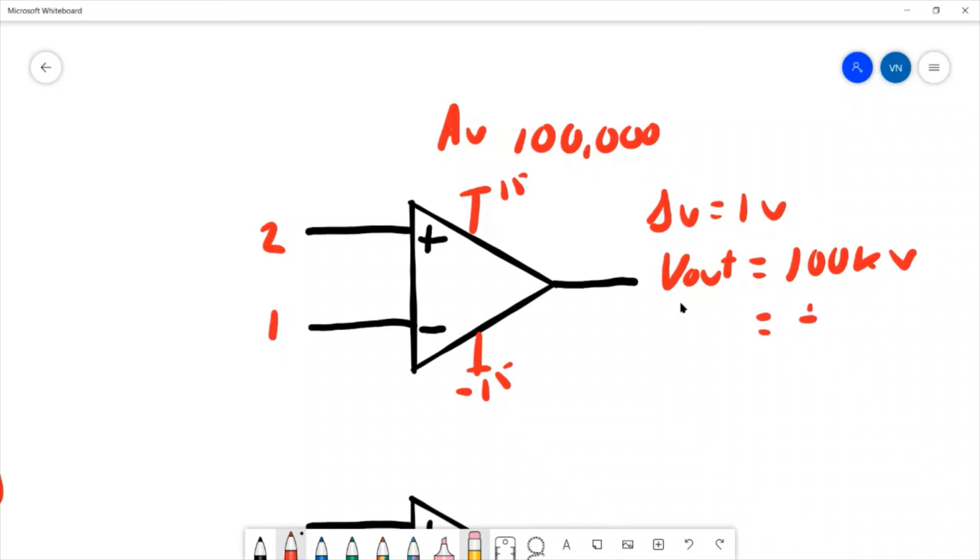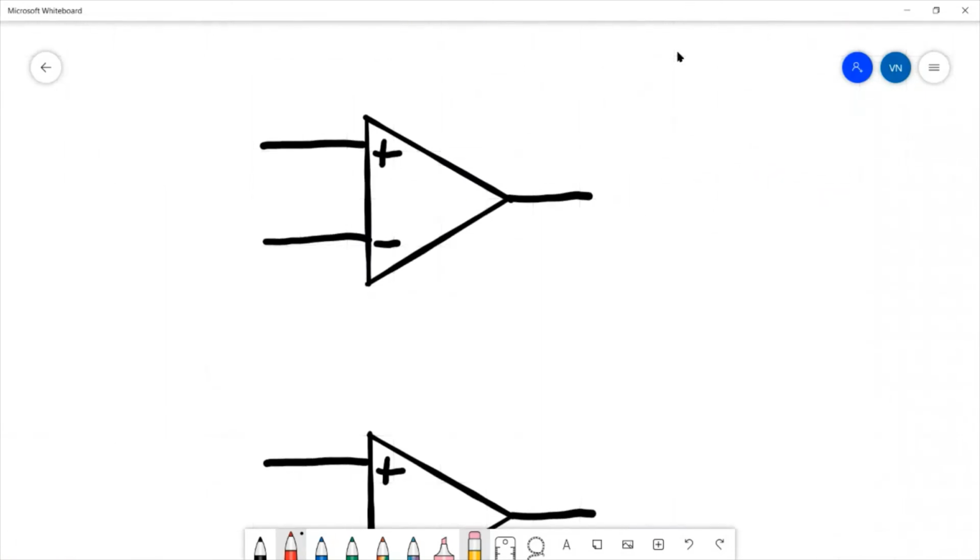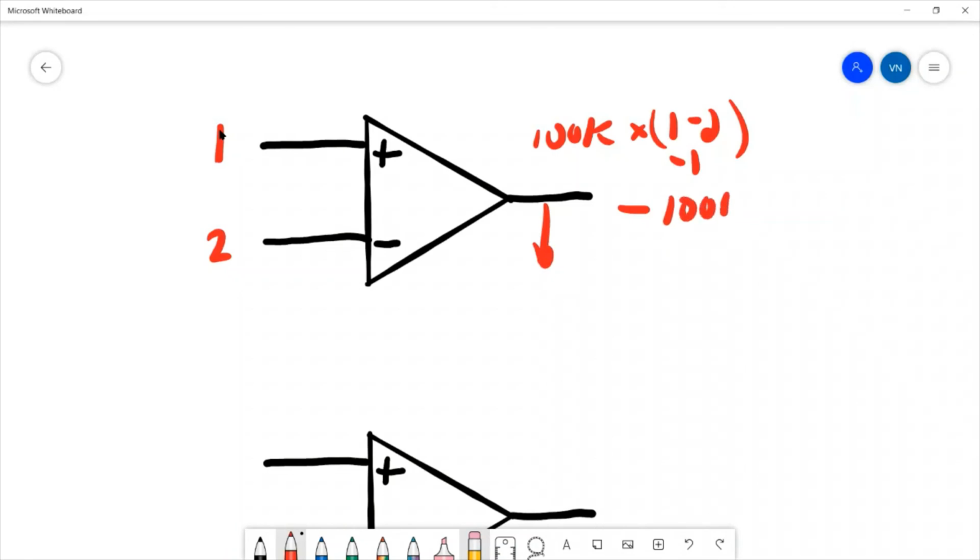You would get about plus 13 volts, depending on the op amp. Same situation, but now it's 1 volt and 2 volts. That would be 100k times 1 minus 2, which is minus 1. It would try to swing down to minus 100,000 volts, but it wouldn't get there. You would get minus 13 volts.